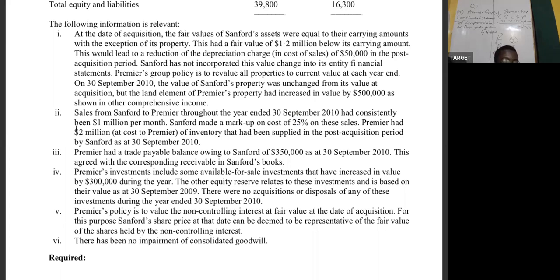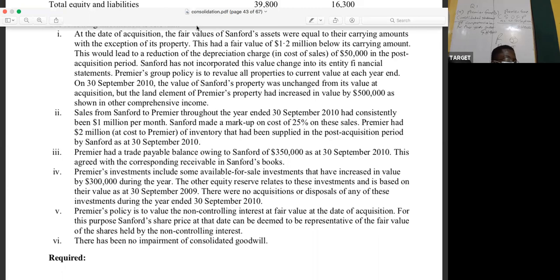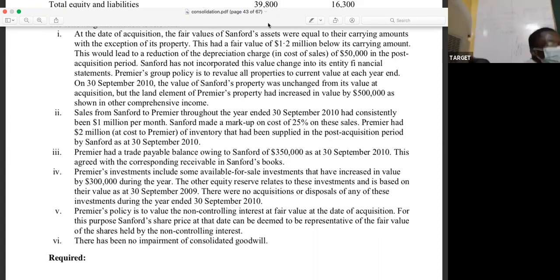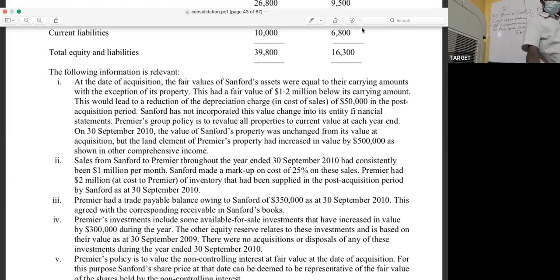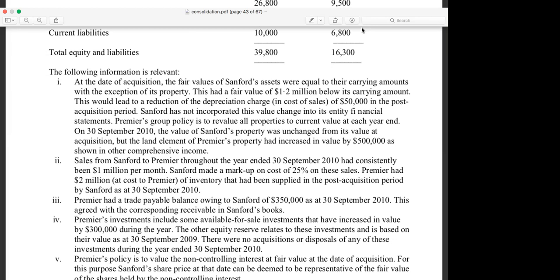How do you eliminate unrealized profit? After computing the unrealized profit, you look for the seller who made the sale.